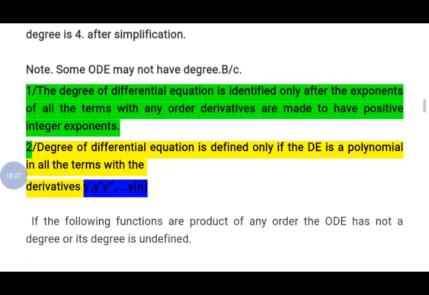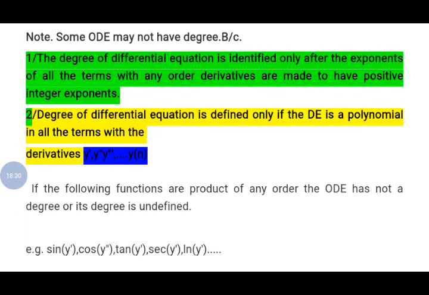Now, let us take some notice about the degree of ordinary differential equations. Some ordinary differential equations may not have a degree, because when the dependent variable y is a product of some function, that function may have an order but not a degree.